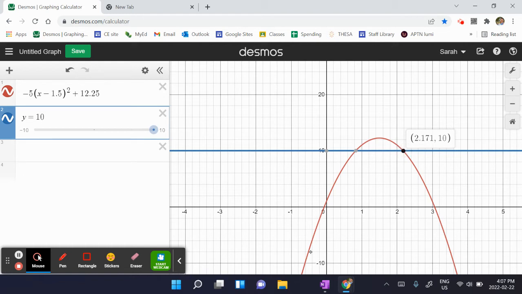So it actually goes up and over, right? You have a point here and a point there: 0.83 and 2.17.